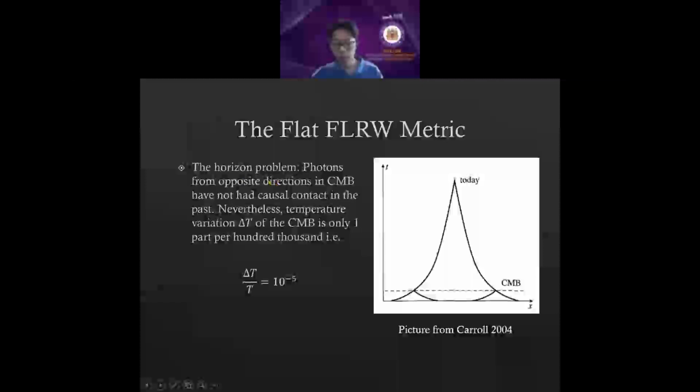That is, photons from opposite directions in the cosmic microwave background would have no time to be in thermal equilibrium, yet observation shows that they are in thermal equilibrium, and that is a problem. But in the interest of time, I'm going to skip through all of this.